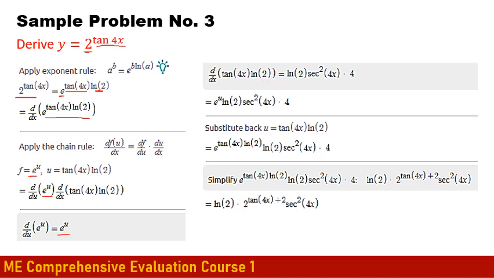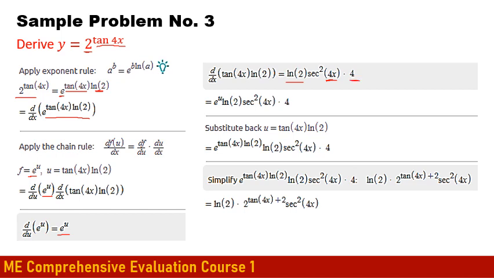We just put it separately and multiply it with the derivative of tan 4x. The derivative of tan x is secant squared x, so we have secant squared 4x, because the value of the angle is 4x. And since it still has 4x here, we need to differentiate it also.